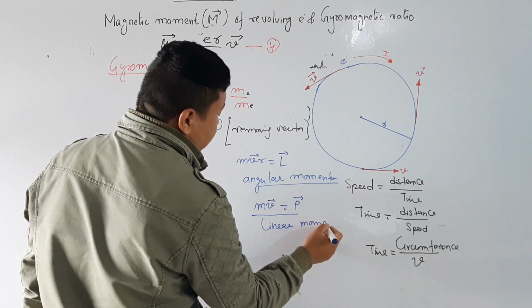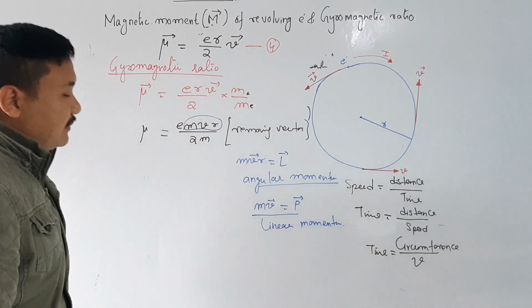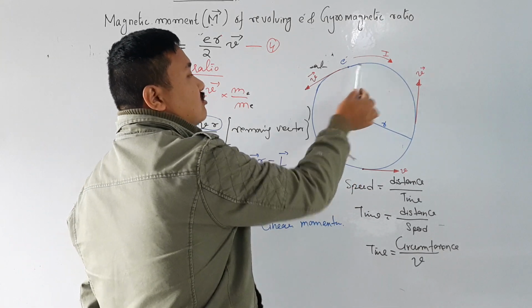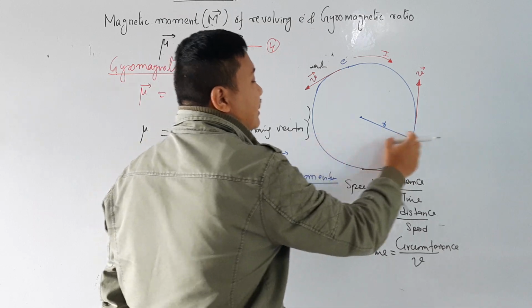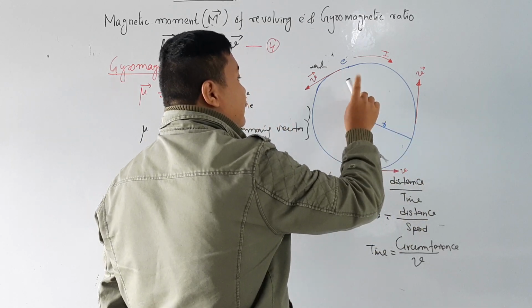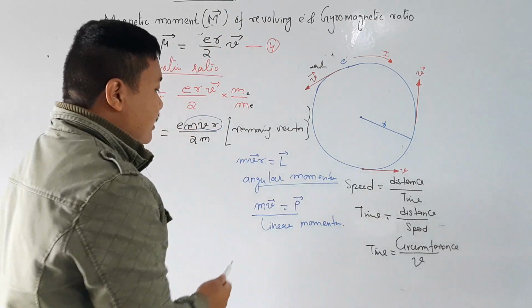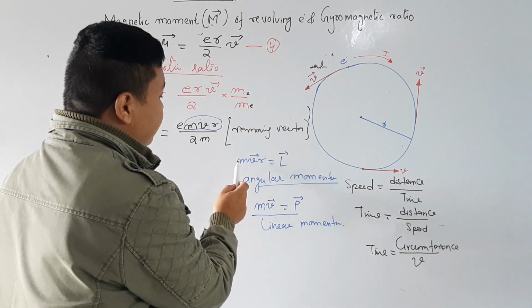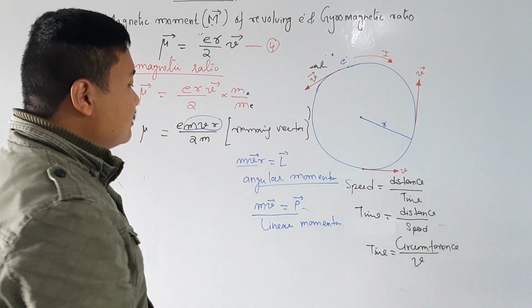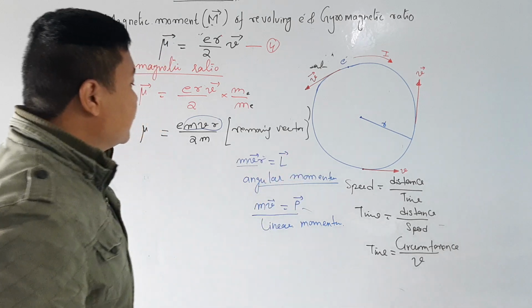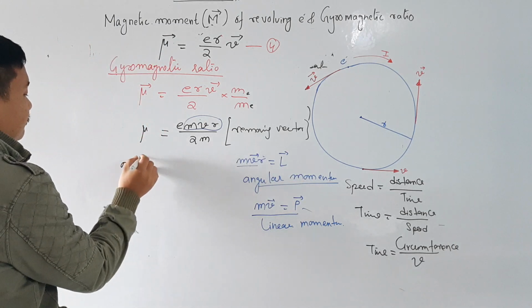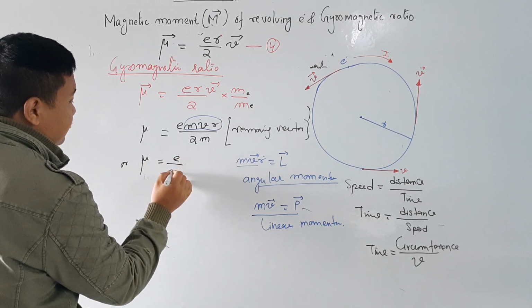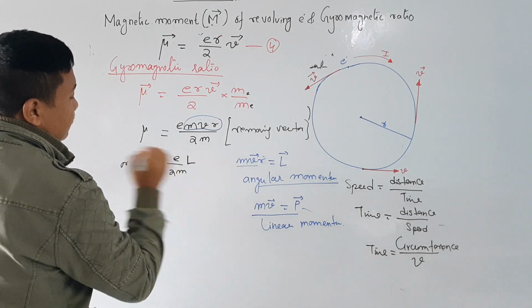But here I am considering angular momentum because the electron is not moving in a straight line; it is moving in a circular path. If you have m v, that is linear momentum, and you multiply with radius, it becomes angular momentum. So mu is equal to e by 2m into L.